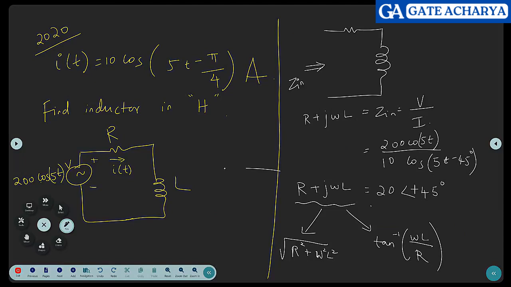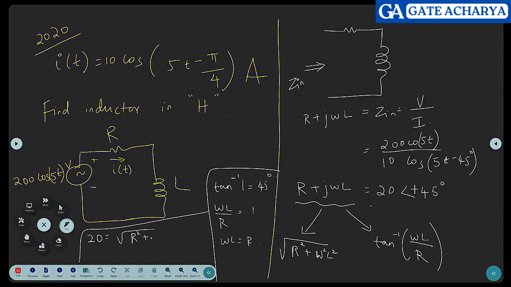So what you should have understood? Tan inverse of 1 is 45 degrees. So omega L by R is 1. Omega L equals R. Substitute it here. So it should have been 20 equals square root of R square plus R square, which is R root 2. From this you can say that R is 20 by root 2.